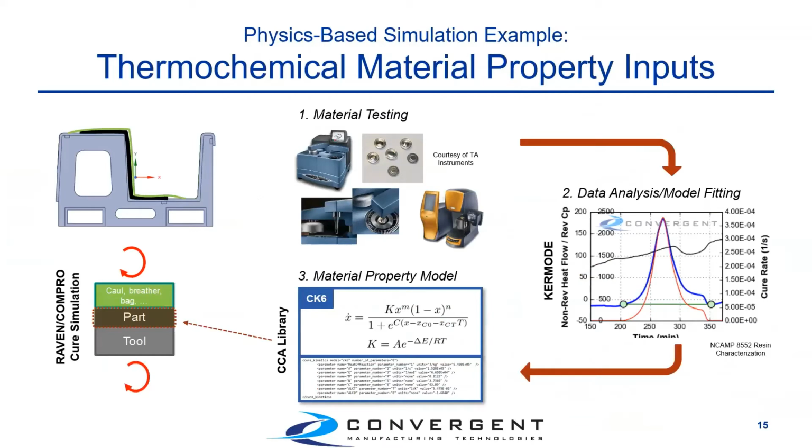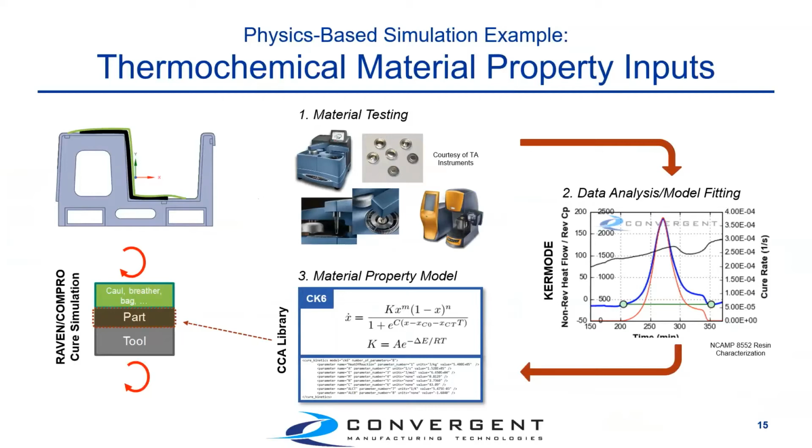So the material properties are the key to all of this, especially in processing of composites, because the material goes through thermochemical or thermophysical changes. So the very key thing that needs to be captured is how does the material evolve? And that's what is at the heart of Raven and COMPRO, and it's common between Raven and COMPRO.